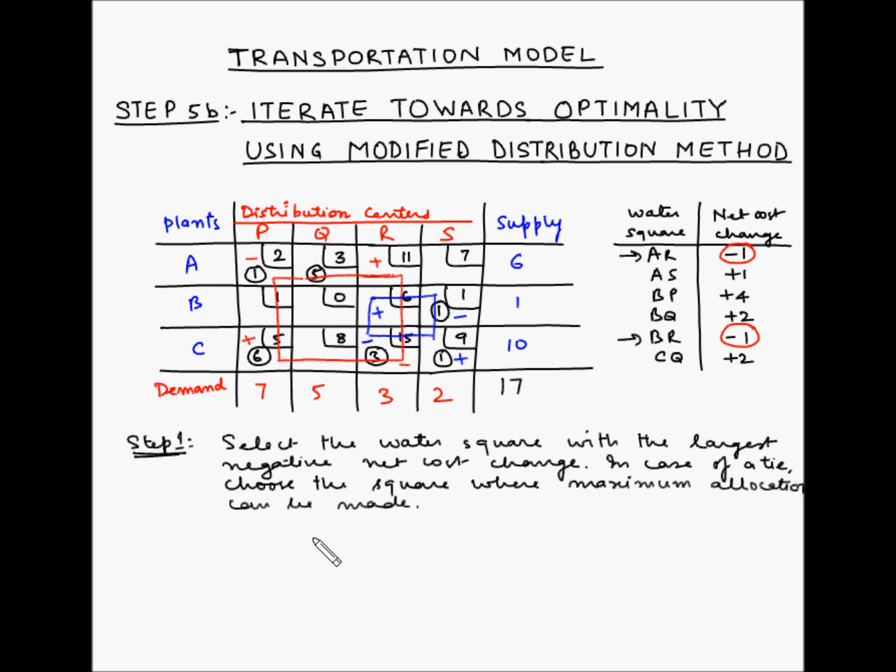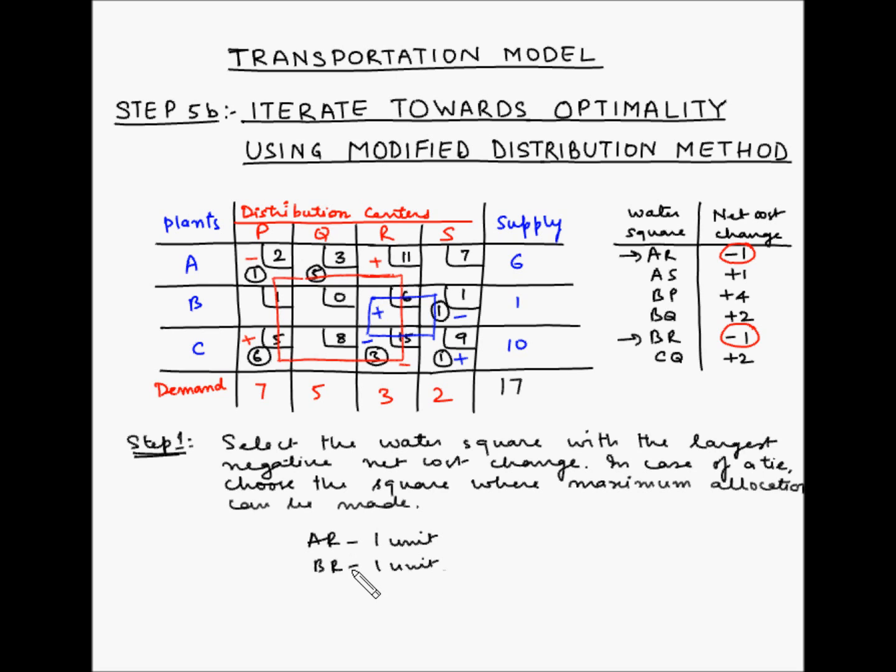So in case of AR, the maximum allocation is 1 unit. Now similarly for the water square BR, the maximum allocation which can be subtracted from the cells BS and CR is 1 unit. So we can allocate at the maximum 1 unit to the square BR.